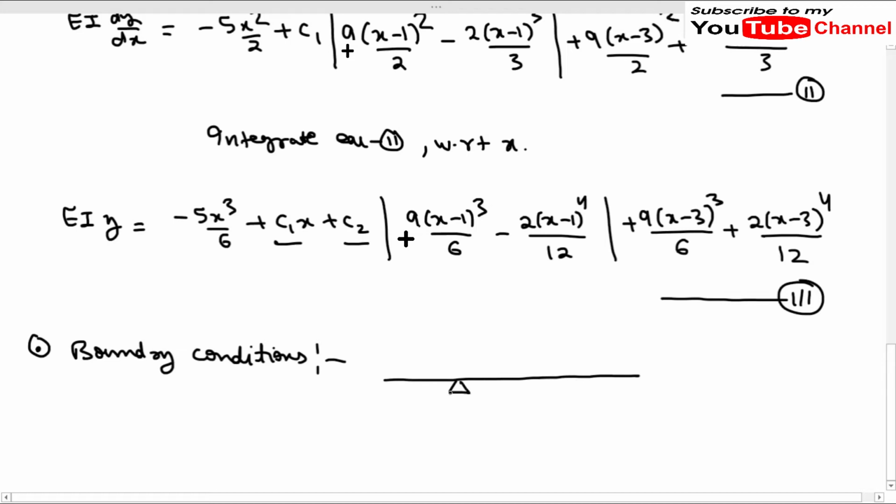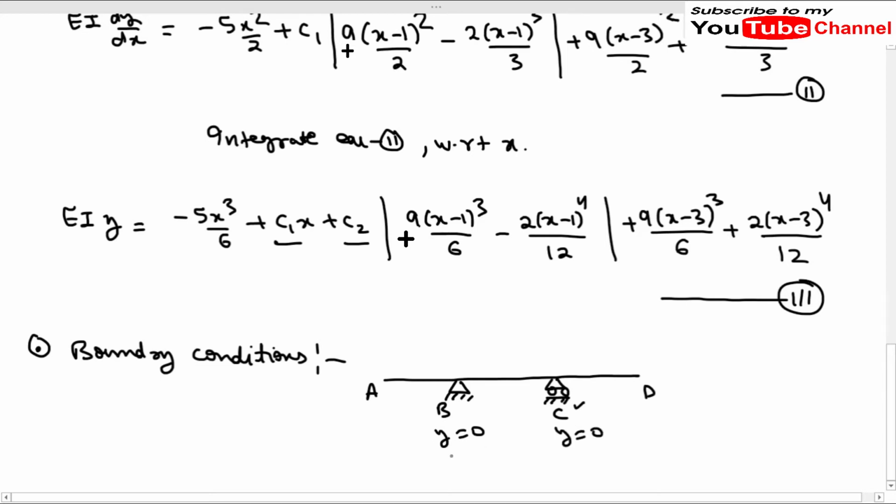So this is our beam, and this is our A, this is B, this is C, and this is D. So at B we have a pin support, and at C we have a roller support. As we know, at a pin support the deflection will be 0, and at a roller support the deflection will also be 0.